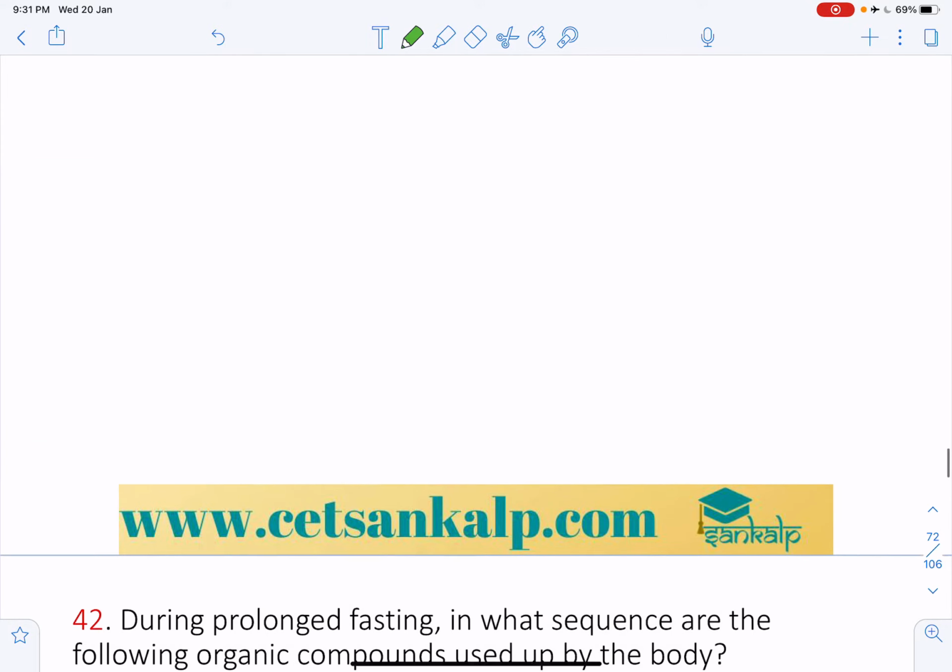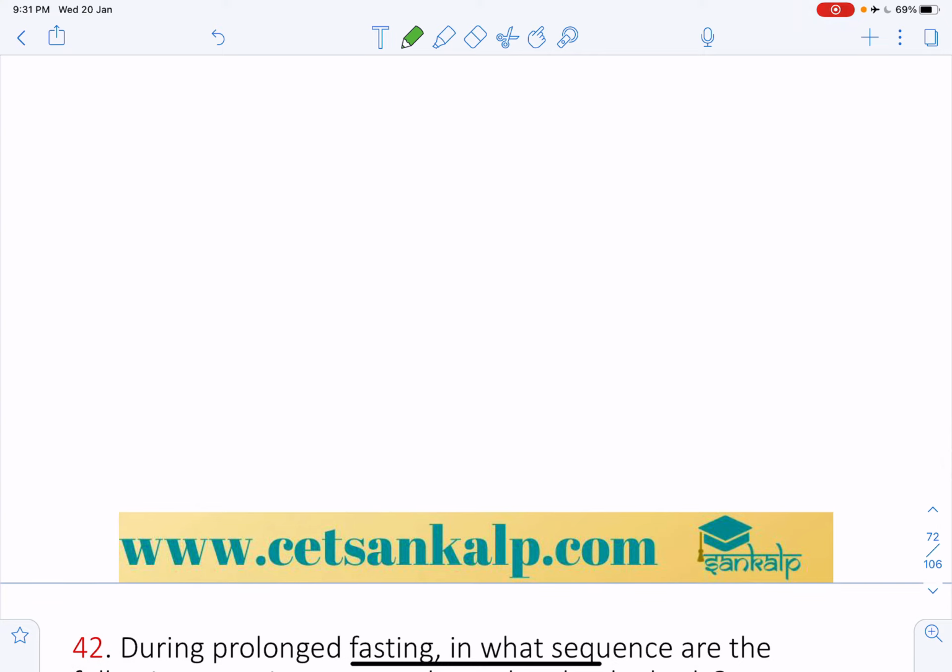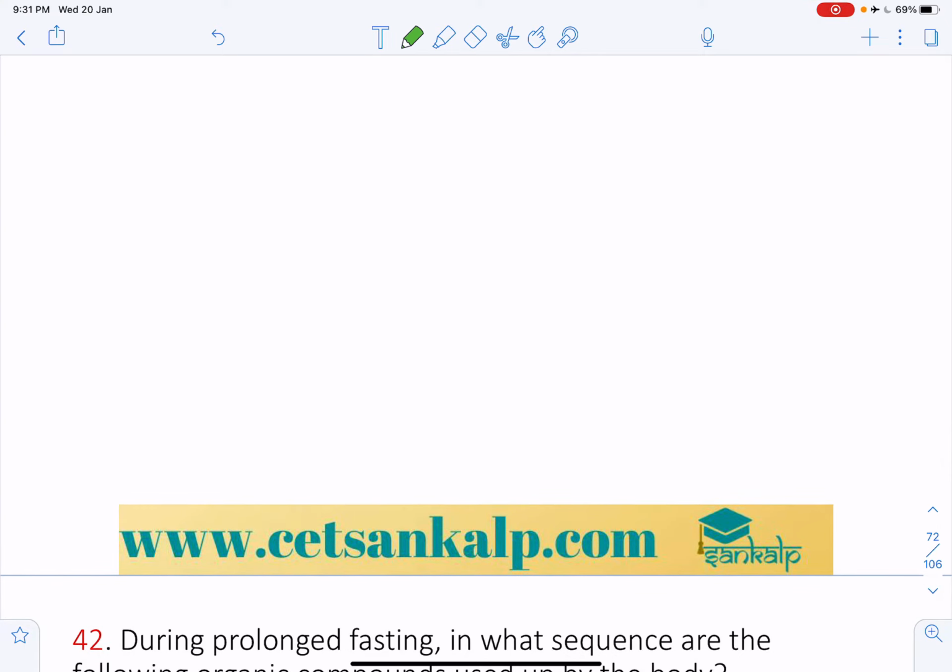Let us take one point related to the calorific value. Here we have the gross calorific value and the physiological calorific value. The carbohydrate gross calorific value is around 4.1, whereas the physiological calorific value is 4 kilocalories per gram.